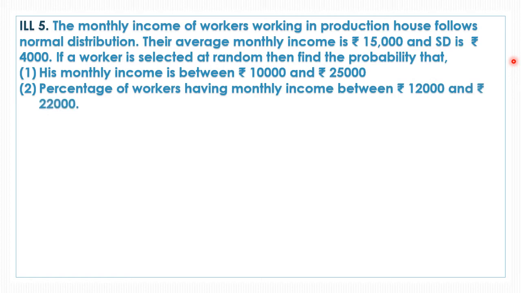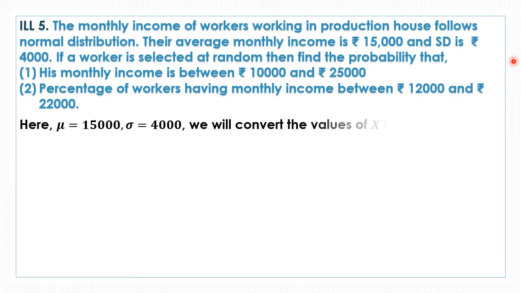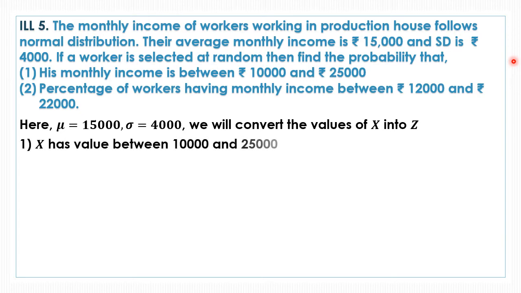So let's start with the first one. The average here is 15,000, standard deviation is 4,000. We will be converting these values into Z. So first one, X has a value between 10,000 and 25,000. So we convert this X into Z using the formula.